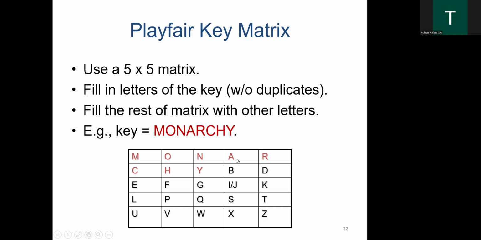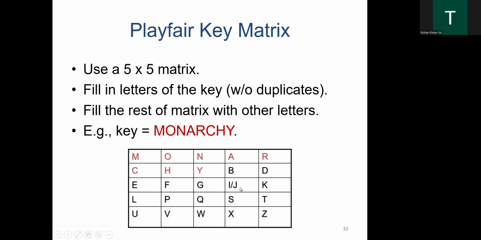For example, A is already there in this key, so the next character that we need to fill is B. Similarly, C is already there in the key, so we go for the next letter, that is D. Then E, F, G. Then I/J.